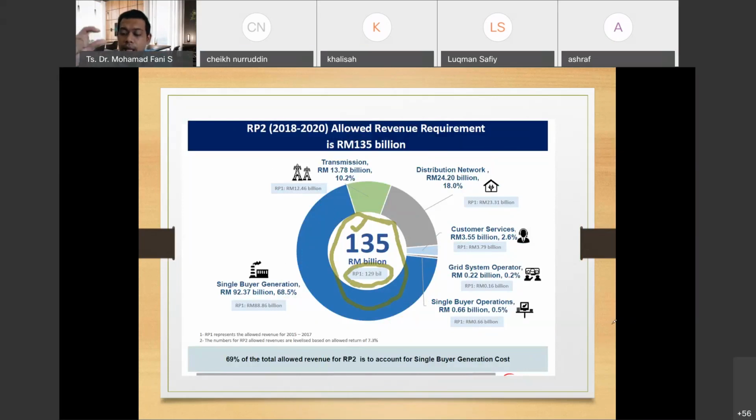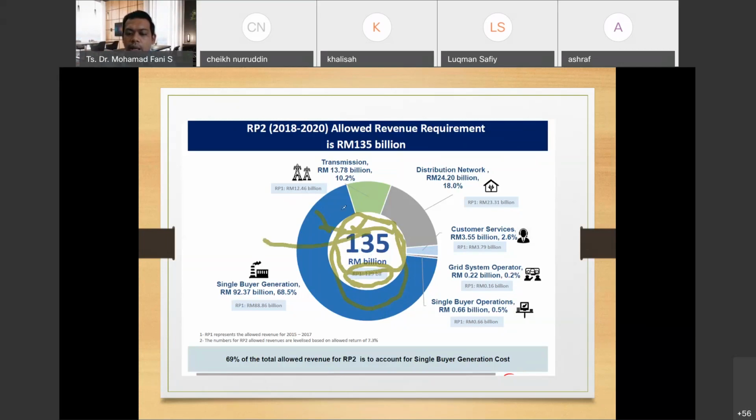Okay, I remember that I just explained about the WACC: when the WACC is lower, the revenue is lower. But for the RP1, TMB had their allowed revenue requirement of about 135 billion.